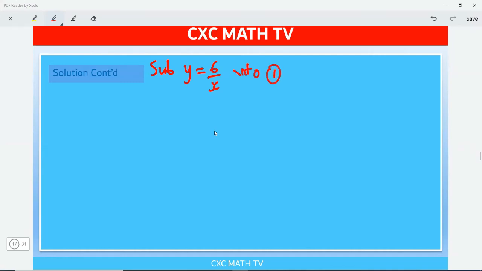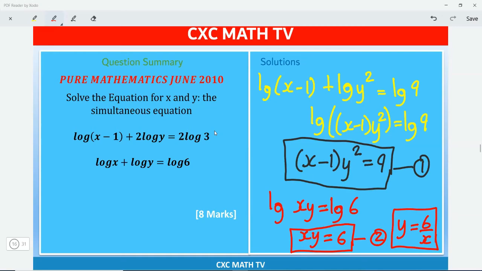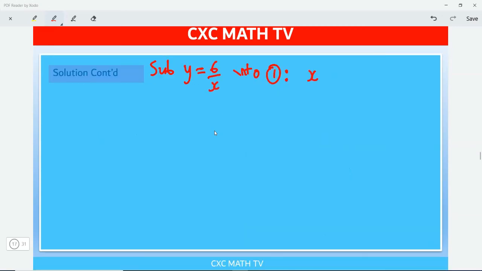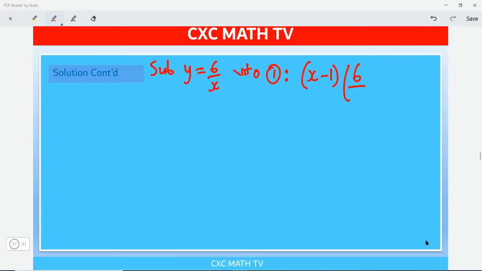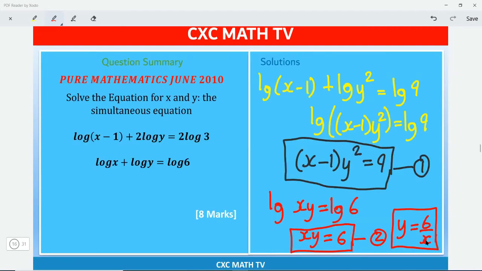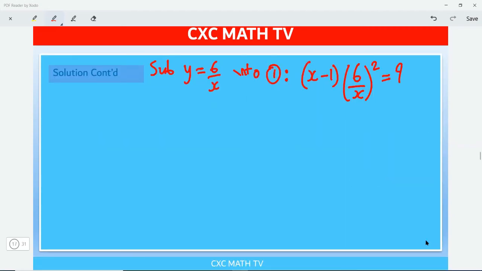So that becomes (x minus 1) multiplied by y squared, but y is 6 over x, so that becomes (6 over x) all squared, and that's equal to 9. Simplifying, it becomes (x minus 1) multiplied by 36 over x squared, and that's equal to 9. Now, if you want, you can multiply through by x.